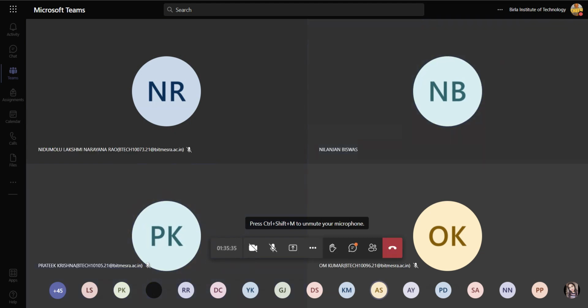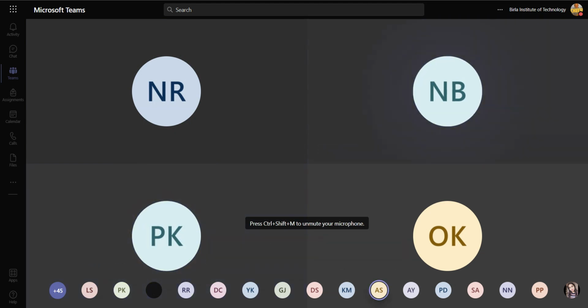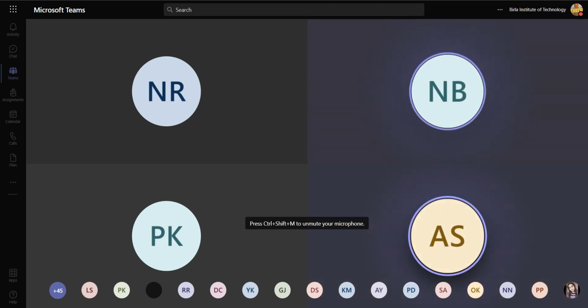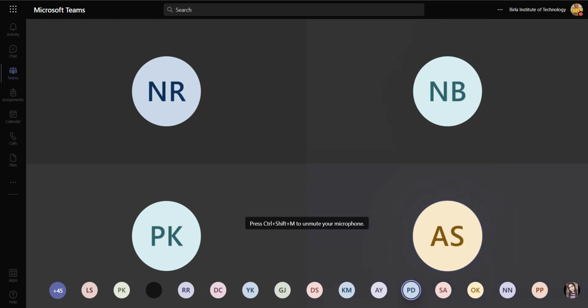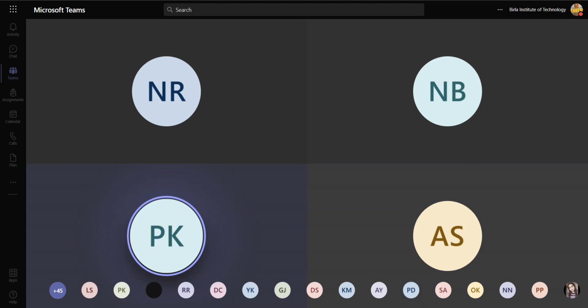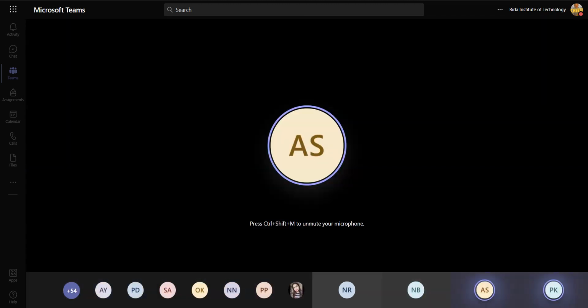Ma'am, I have done 1 and 2 experiment. Can I show now? Yes, you can. And which Zener diode do we have to use in experiment 4? Is the screen visible? Yeah, it is visible.